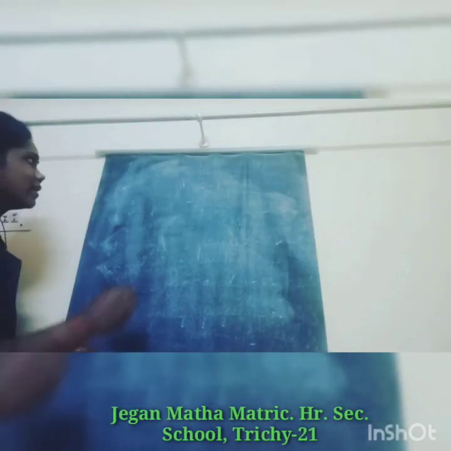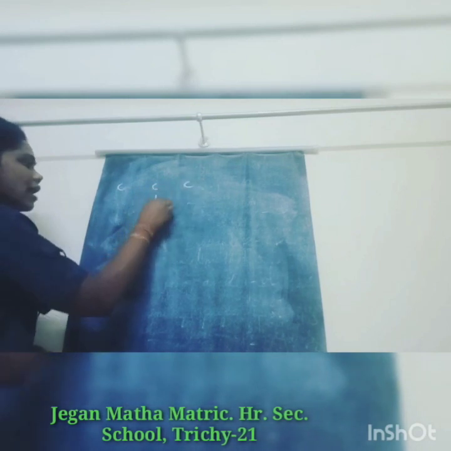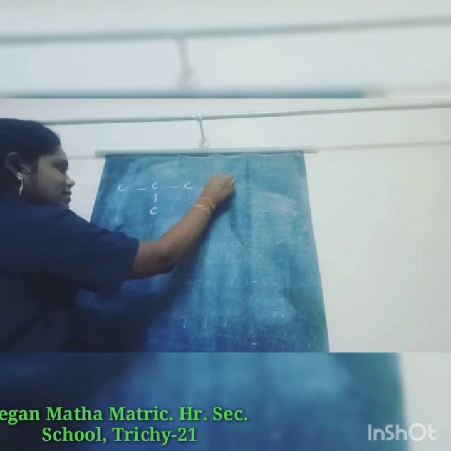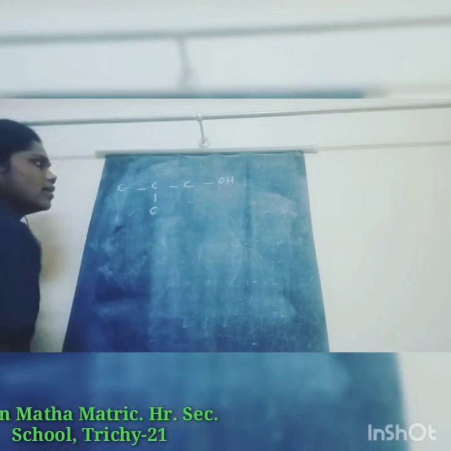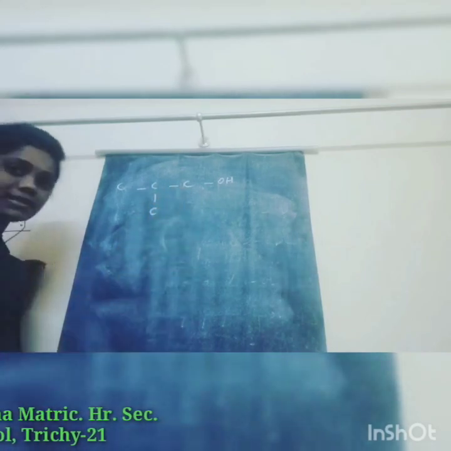Isobutyl alcohol formula: 1, 2, 3, 4 carbons present means but. Here alcohol is the functional group, OH. Now we fill in the hydrogens. Carbon valency is 4.